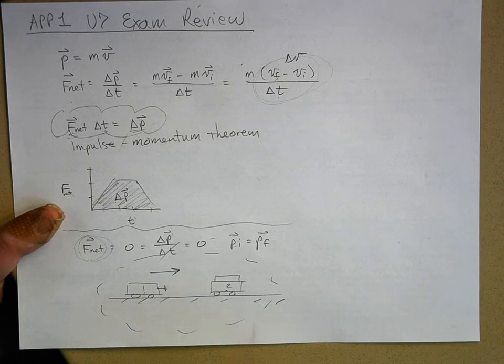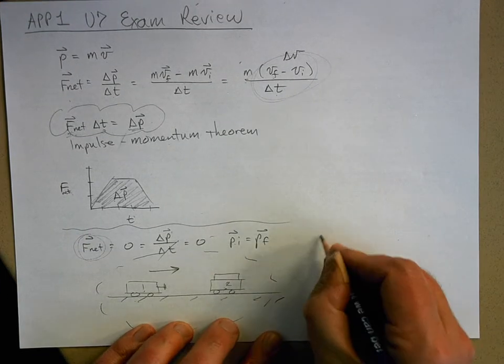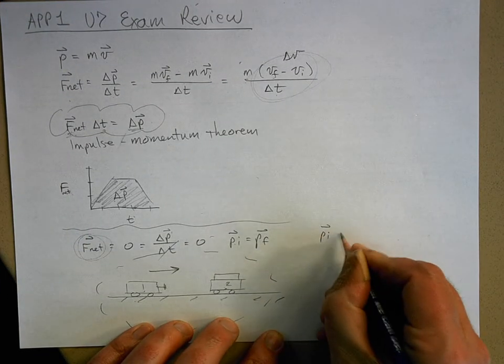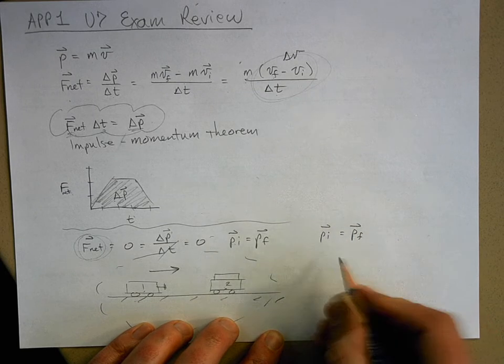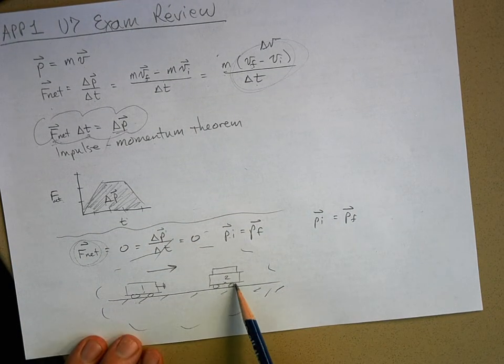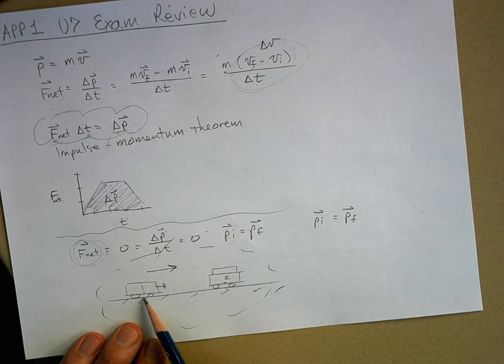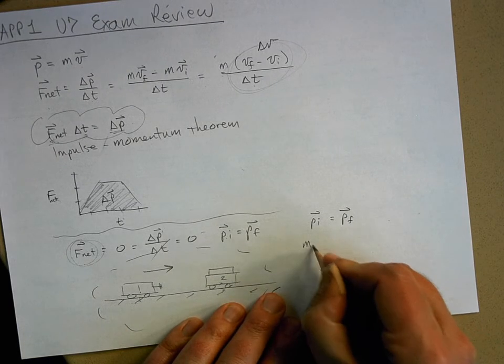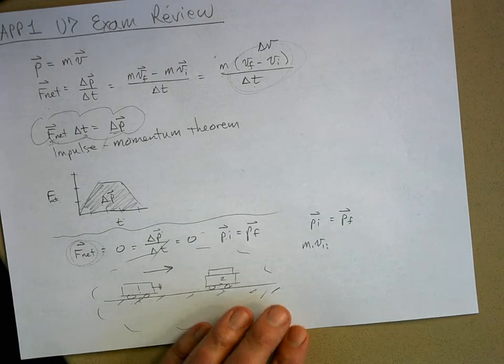But you've got this. So here's what you do when you have a collision problem. You say the initial momentum equals the final momentum. I want to see you write this down. And then you look at the problem. And I say, oh, this one's at rest, so this object doesn't have any momentum. This object does. So I'm going to say M1 V1 initial.